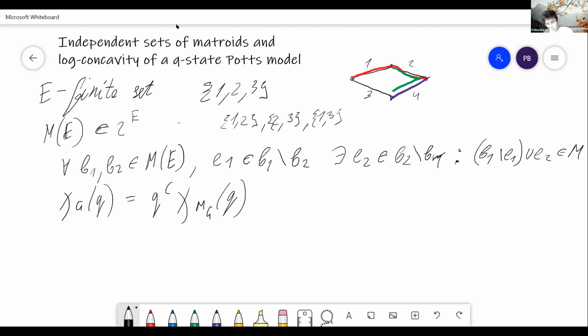This is the chromatic polynomial of a matroid, and C is just the number of connected components of the graph. As such, it's quite a useful instrument. And we will actually come back to the issue of chromatic polynomials later, if time permits. But for now, I want to discuss a slightly different thing.